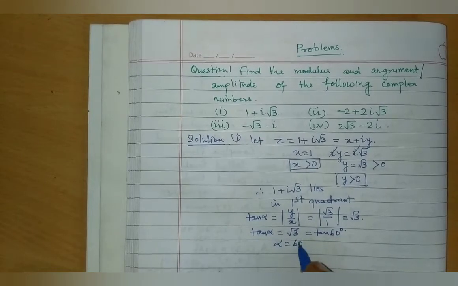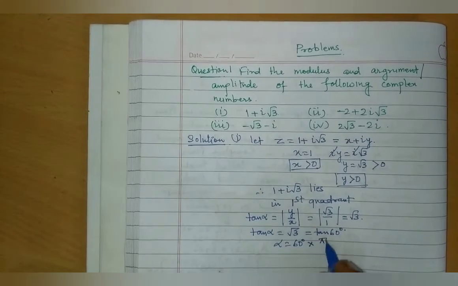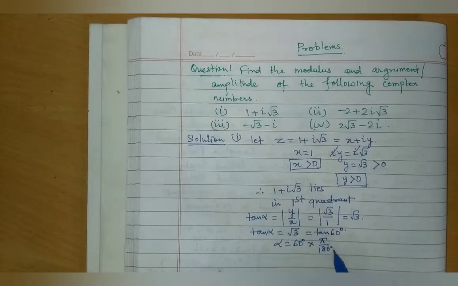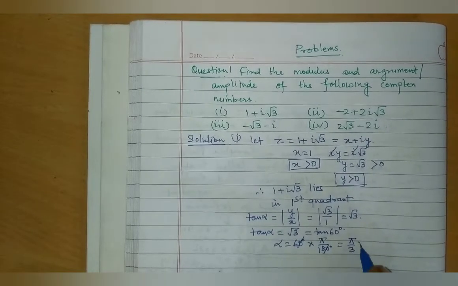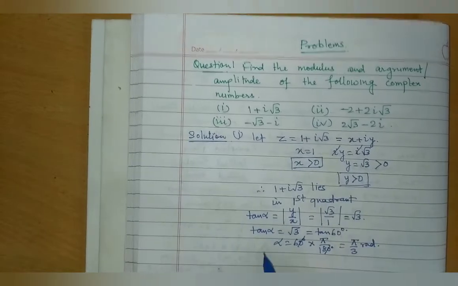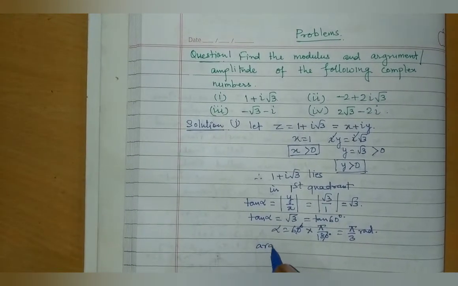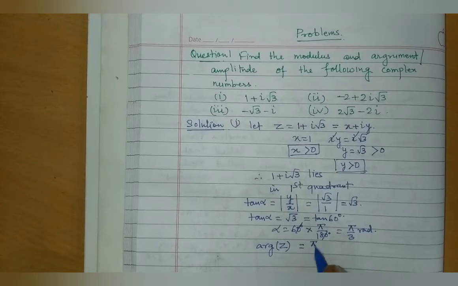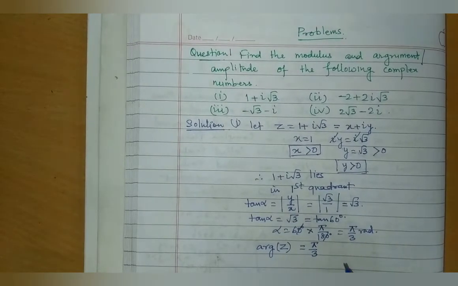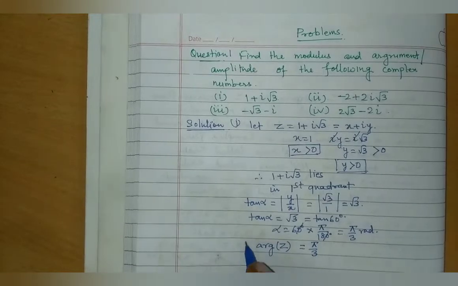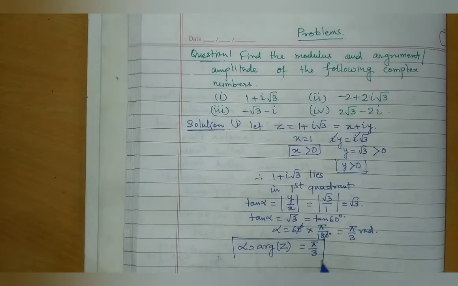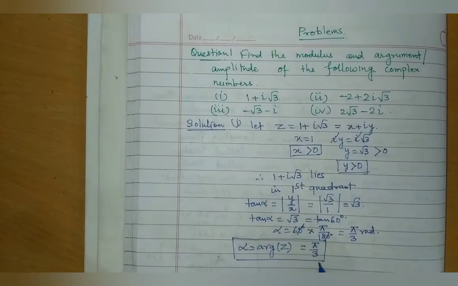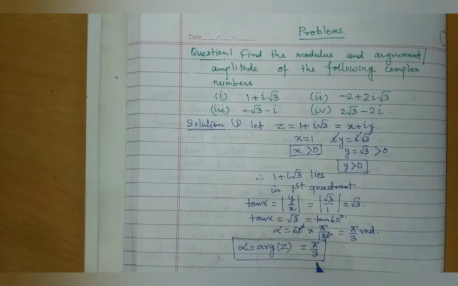Therefore alpha is equal to 60 degrees, multiplied by pi by 180 degrees, so it is pi by 3 radian. So it means that the argument of this complex number z is equal to pi by 3. So the argument is what? Alpha. Alpha is the argument because it is an acute angle, because the complex number lies in the first quadrant.